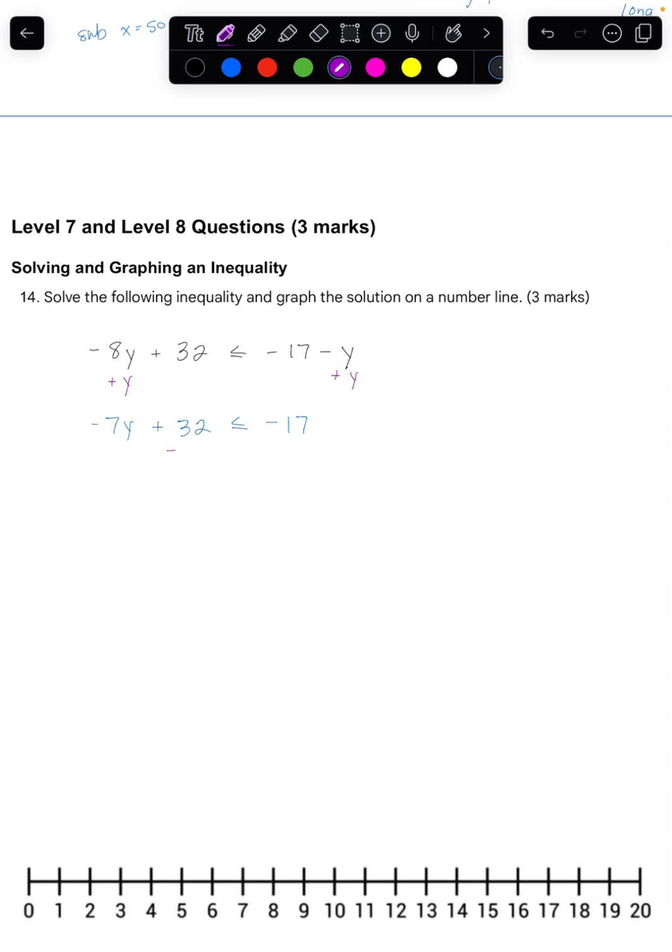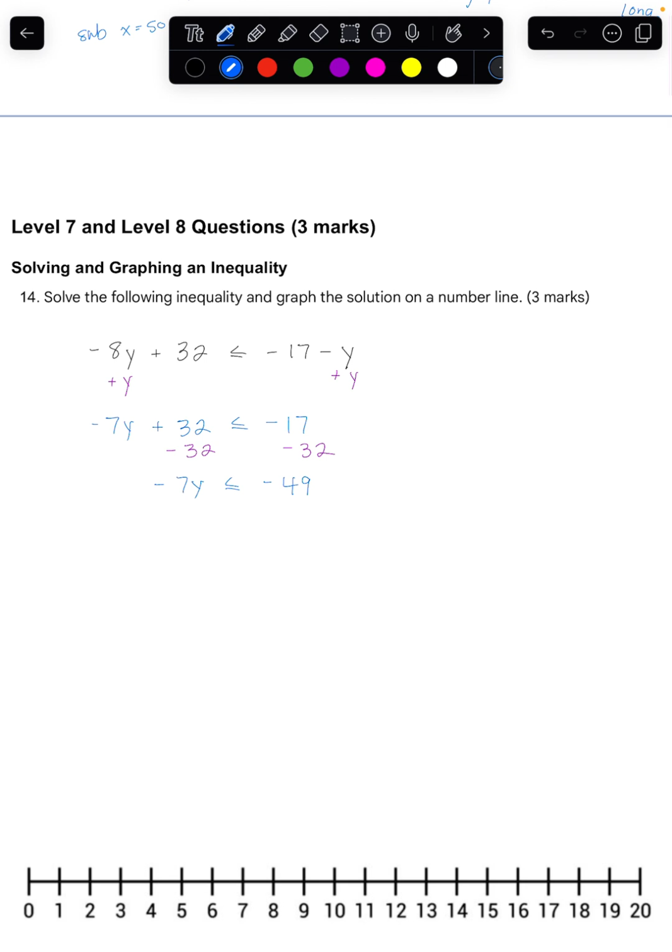We'll do that by subtracting away the 32. We'll do that to both sides. We are left with negative 7y is less than or equal to, well, negative 17 minus 32. That leaves us with negative 49.